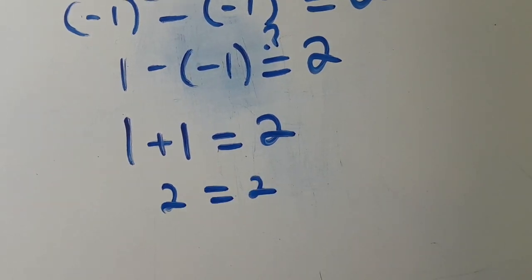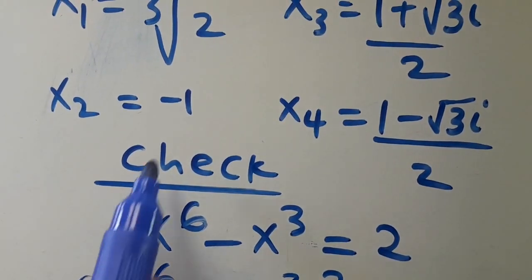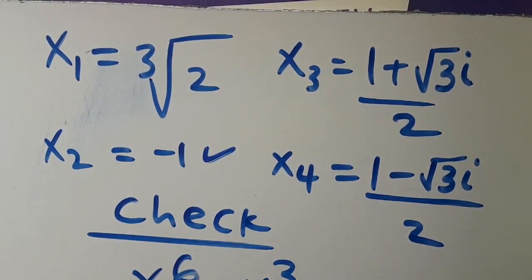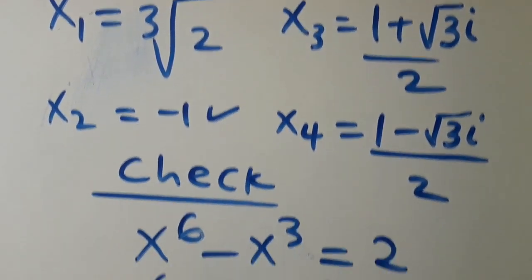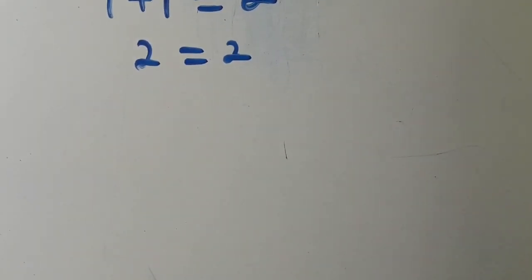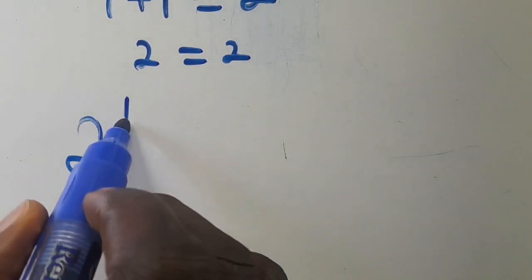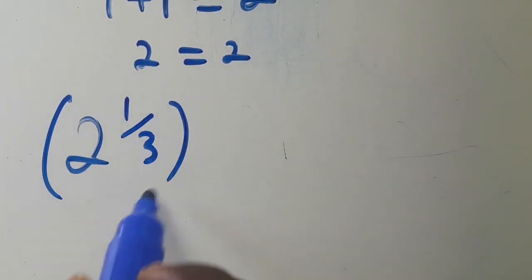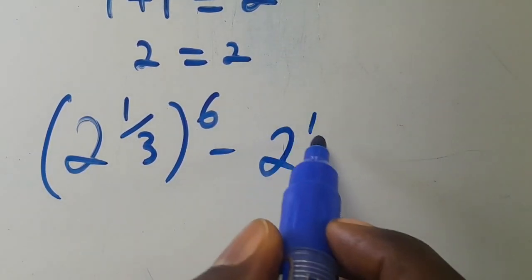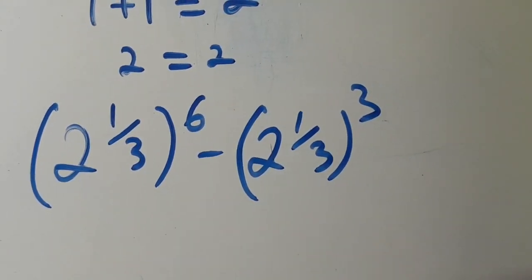So this is true for the value of x equals minus 1. So definitely, when you check for this as well, we are going to have the same thing. We have 2 to the power of 1 divided by 3, then to the power of 6, minus 2 to the power of 1 divided by 3 to the power of 3.